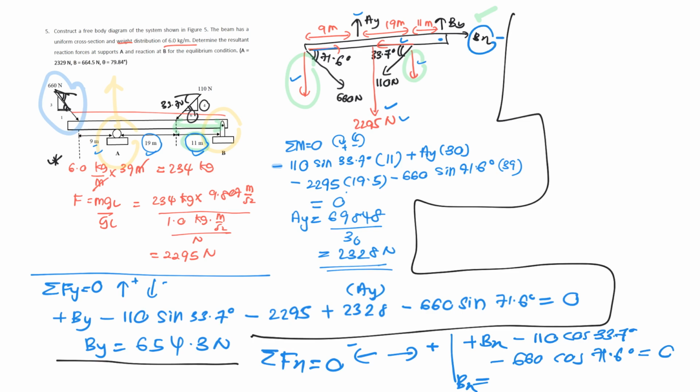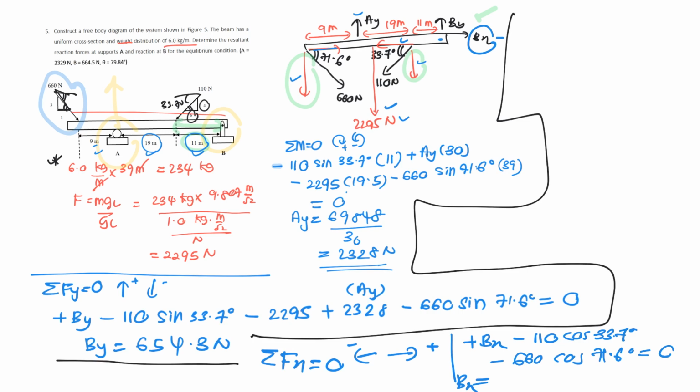So negative 110 cos 33.7 minus 660 cos 71.6. Okay, I got my answer for the Fx. No, oh, sorry, the 660 is not negative, right?